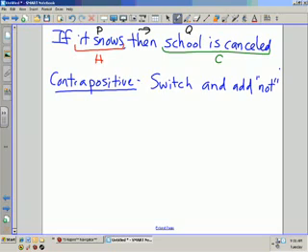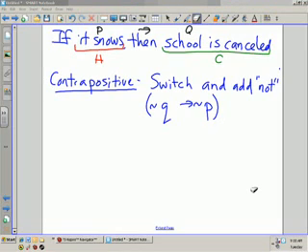That means we're going to be doing the negation and we're going to switch the hypothesis and the conclusion all at the same time. So our symbolic logic for that would be we are switching the order of P and Q, so Q will come first. And we're switching the meaning. We're adding the word not. So here come the squiggles. Squiggle Q implies squiggle P. Switch and add not.